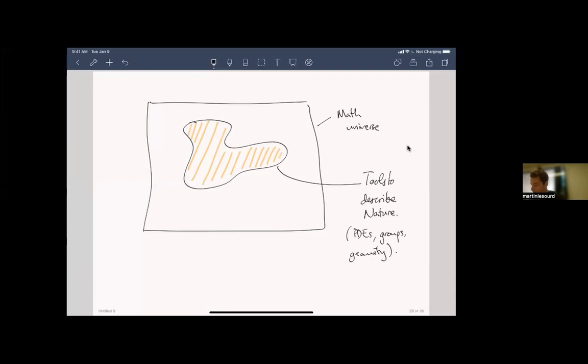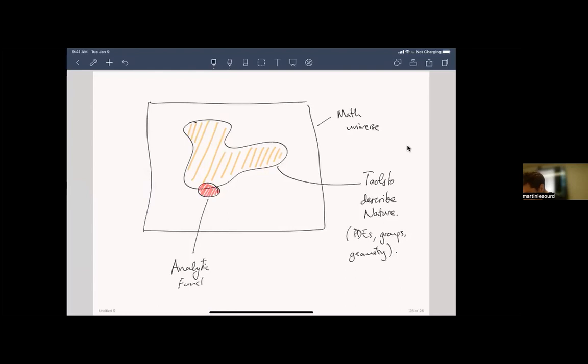And then if you restrain yourself to the world of analytic things, then you're essentially looking at something like this. These are analytic functions.